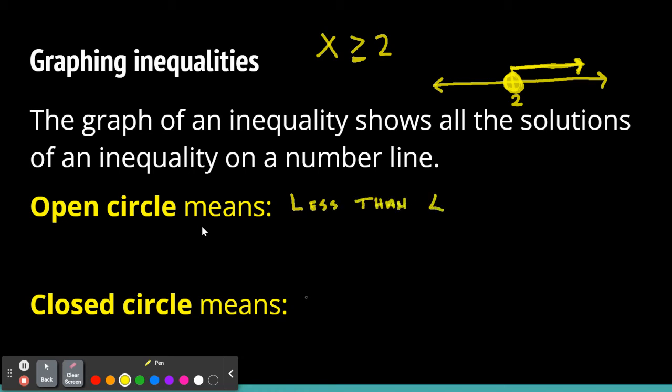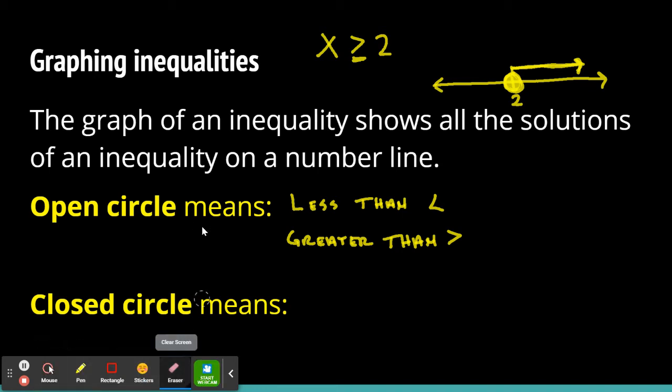So anytime you see a less than symbol or greater than symbol, in both those cases, you're going to use an open circle because we do not want to include that value in the solution set.